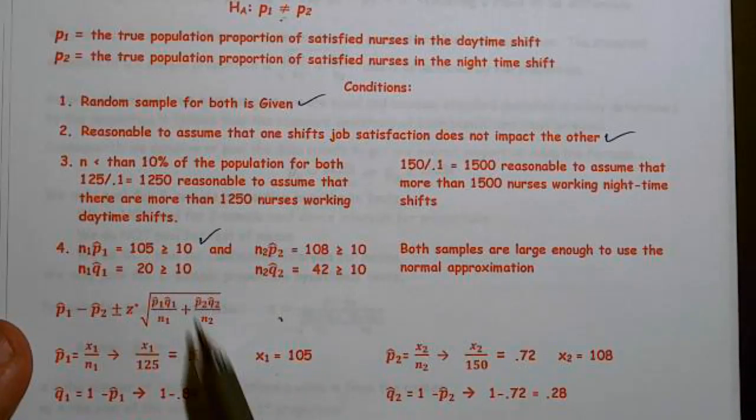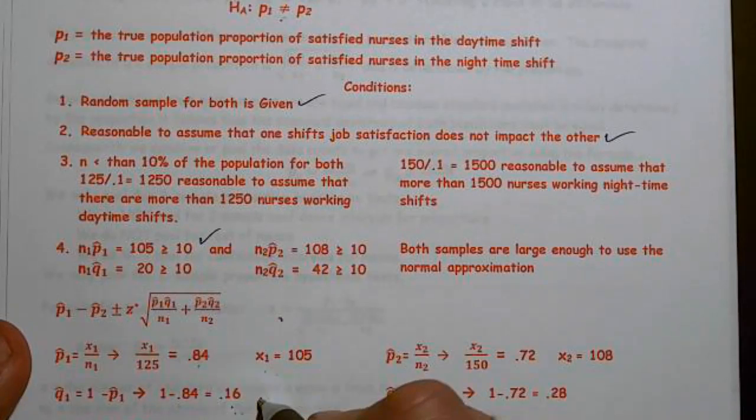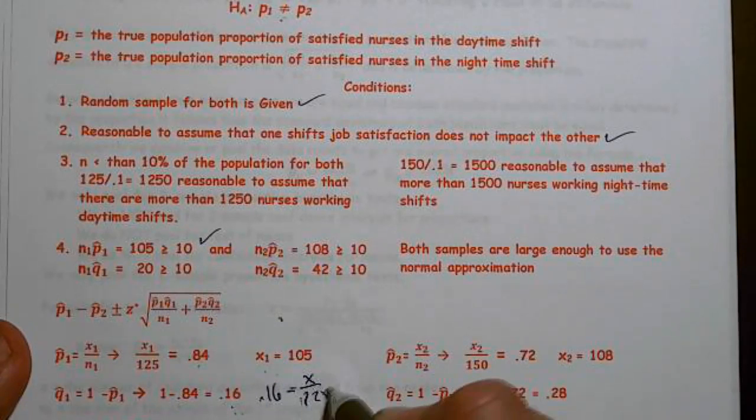All right. Well, if we have 125, then we can address q hat two different ways and find that x2. We can go 1 minus 0.84 and get 0.16, and 0.16 equals x over our sample size of 125, and solve for x and get 20.